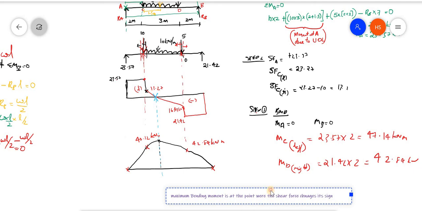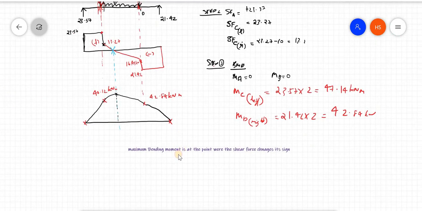So this is the main point you have to keep in mind. Okay, now we have to find out what the maximum bending moment is. In order to find it, we have to first find out this point.